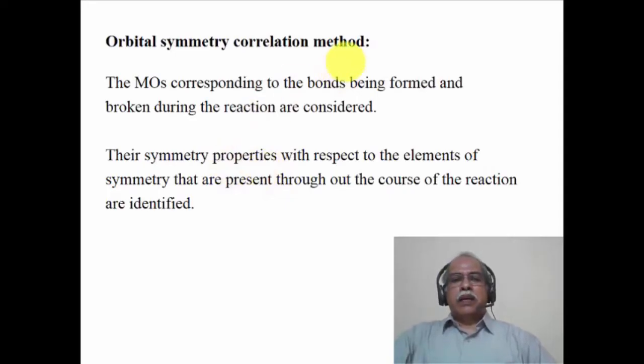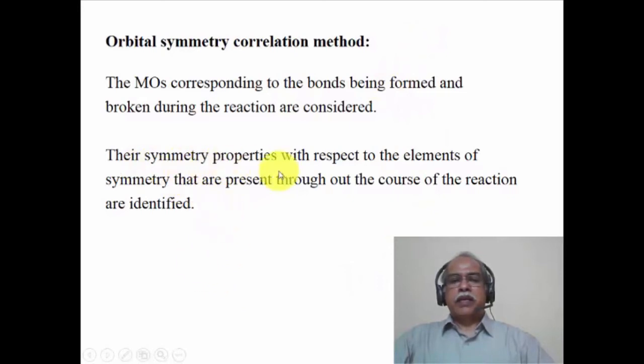Now in the orbital correlation method, the molecular orbitals corresponding to the bonds being formed and broken during the course of the reaction are considered. In other words, on the left hand side you write the molecular orbitals of all the starting molecules that are undergoing reaction, and on the right hand side you write the molecular orbitals of all the bonds being formed in the product.